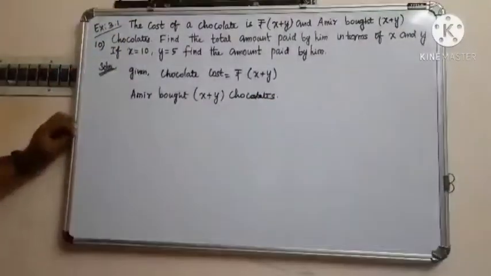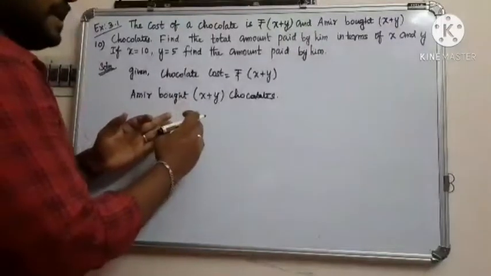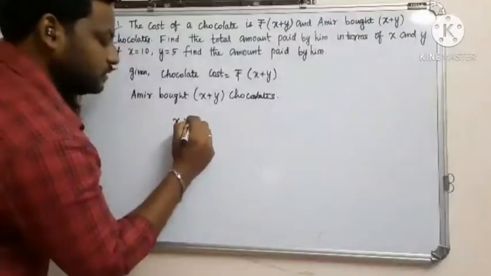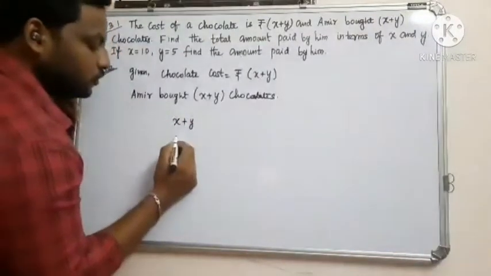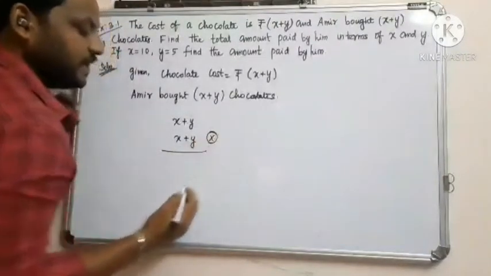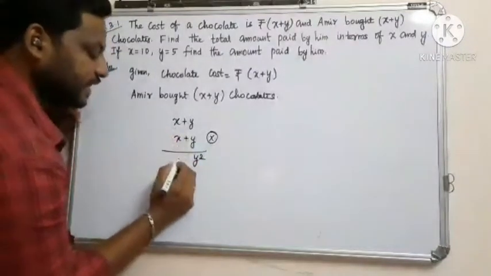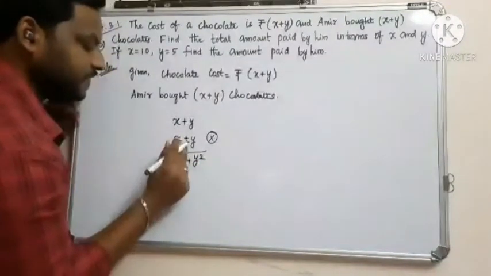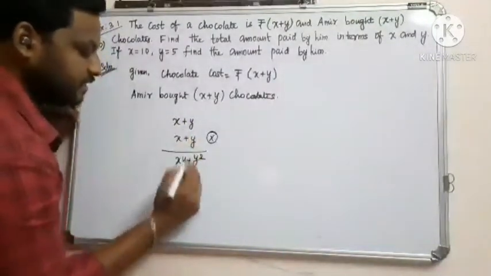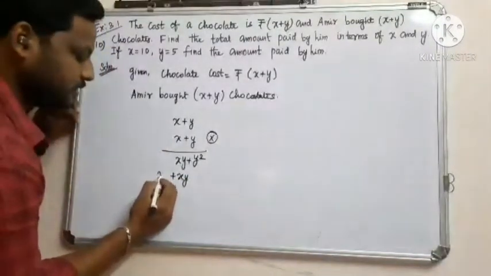Now we have to find the total amount. Total amount means you have to multiply these two terms, that is the amount into the number of chocolates. So y into y, y square, y into x, xy, plus into plus, plus, and then x into y, xy, x into x, x square.